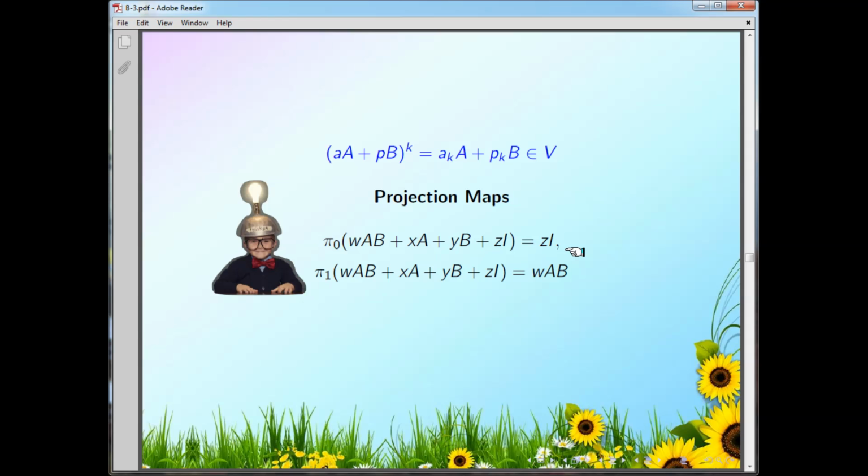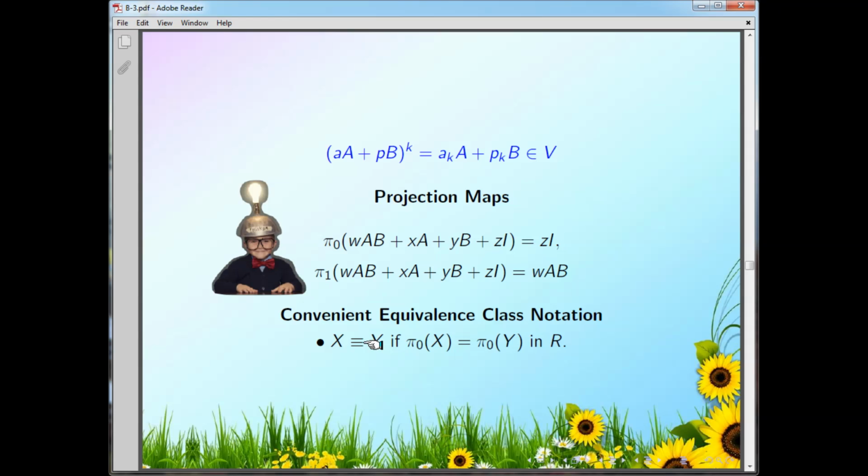I'm going to call that the I projection. And the second projection, if you have any expression like that in terms of the basis, is going to pick up the AB component. This one is an AB projection. Using that, you can handle this complex kth power in a fairly simple manner.